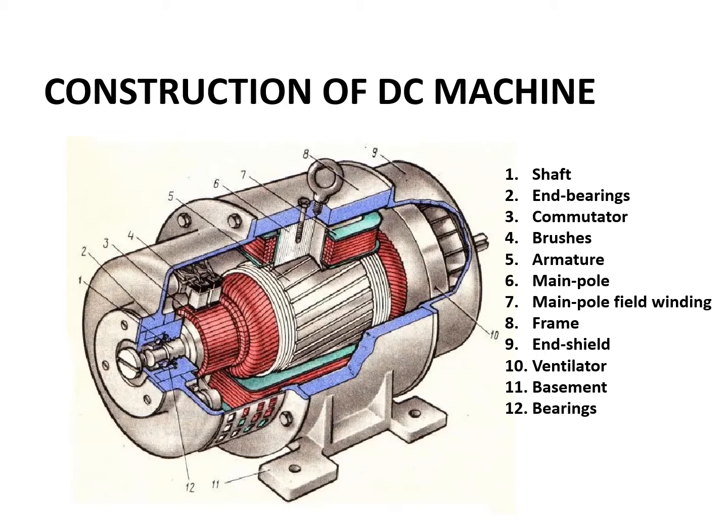The brushes do not rotate, but the commutator rotates. So the brushes press against the commutator segments. This is the way the brushes work. The fifth one is the armature.